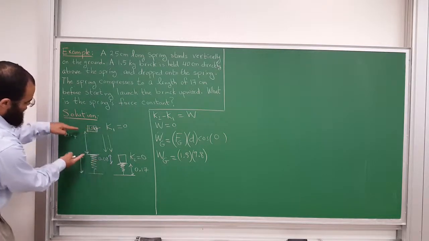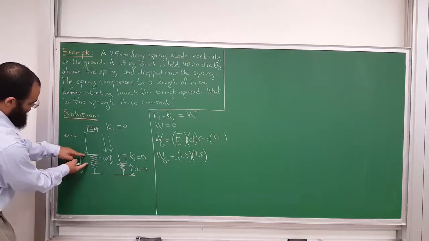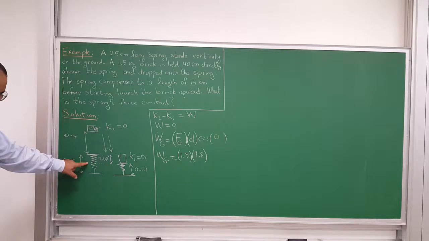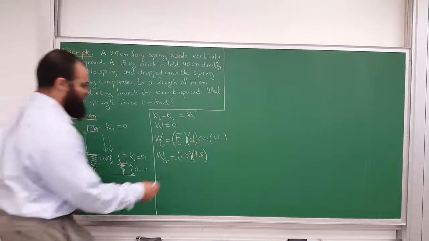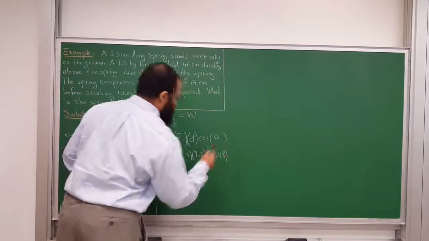What's that distance? It's 0.4 plus the 0.08, so 0.48, 48 centimeters. So that's 0.48, and the cosine of 0 is 1.